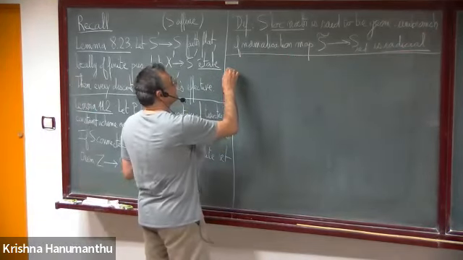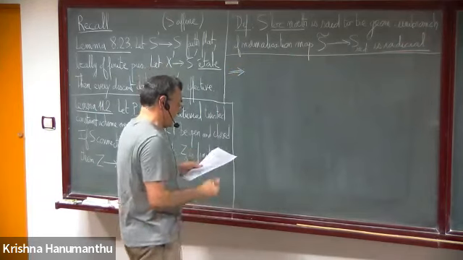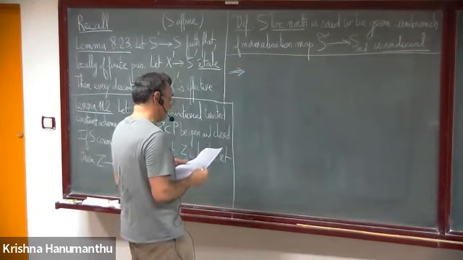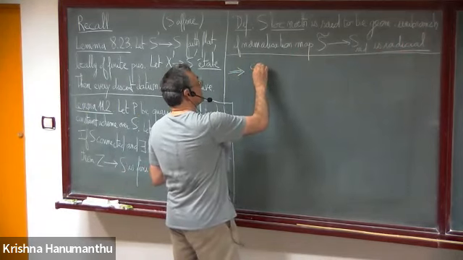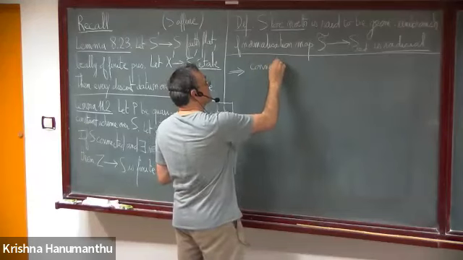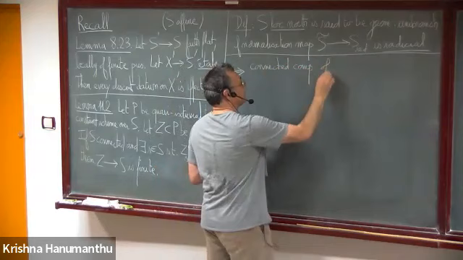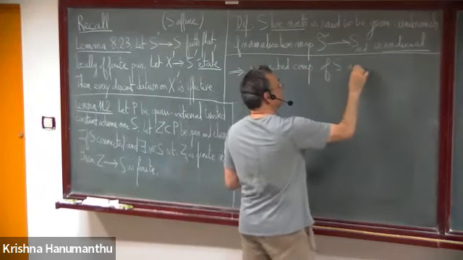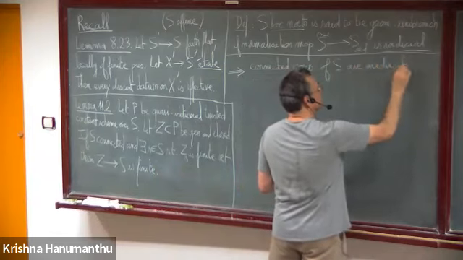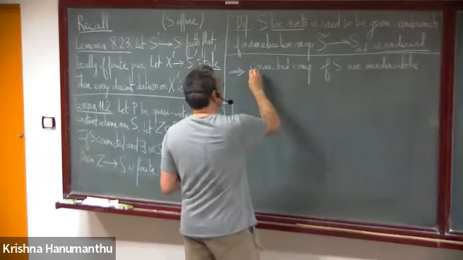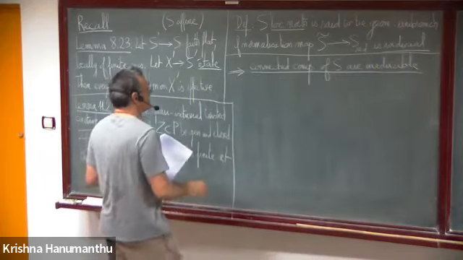A consequence of this is the important fact that the connected components of S are irreducible. This is the fact that is going to be used in the proof.